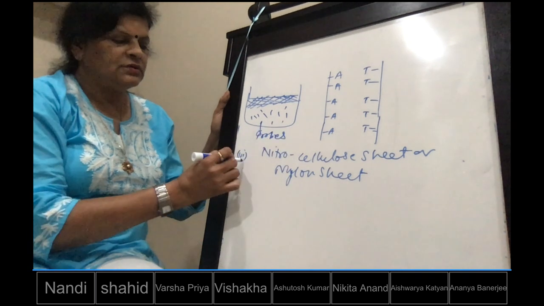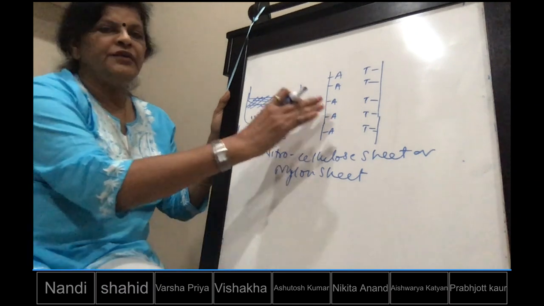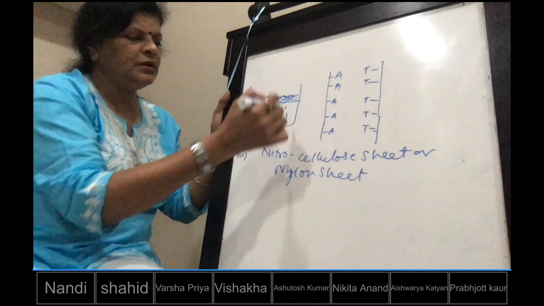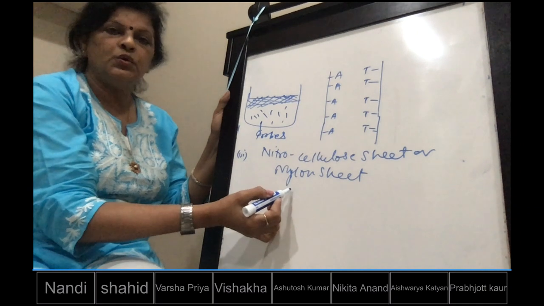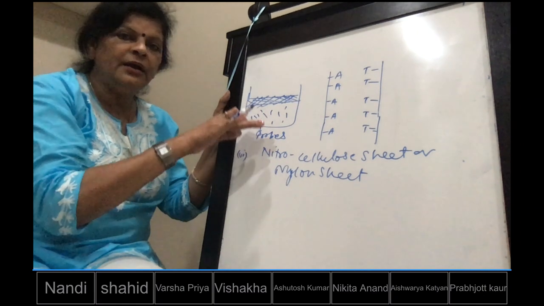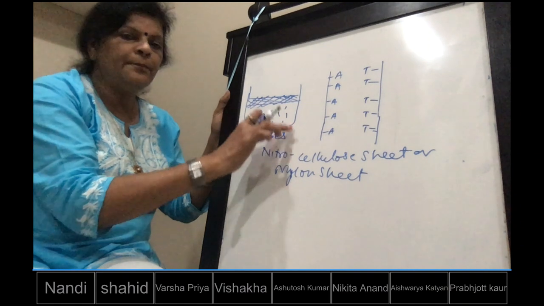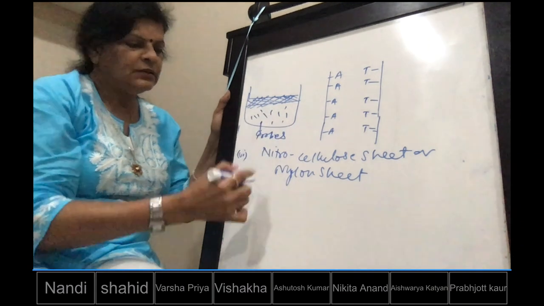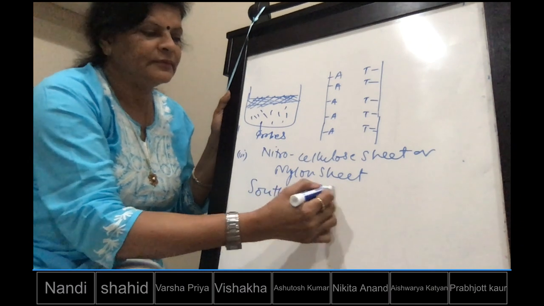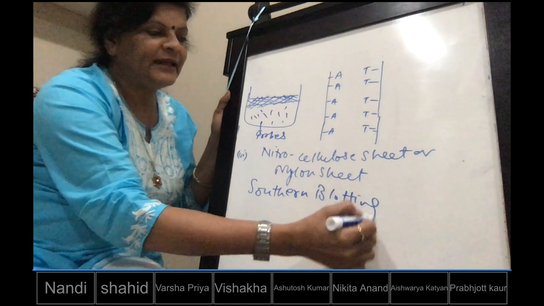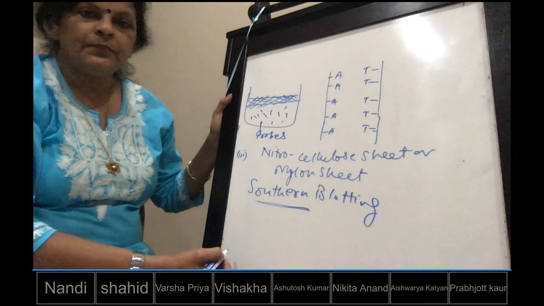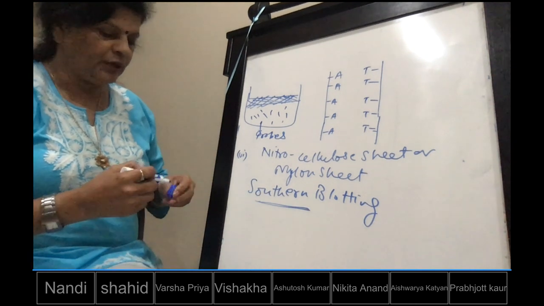So the sixth point is the VNTRs are poured on a nitrocellulose sheet or nylon sheet dipped in a bath having probes. This is called Southern blotting because it was a technique given by a scientist named Southern.